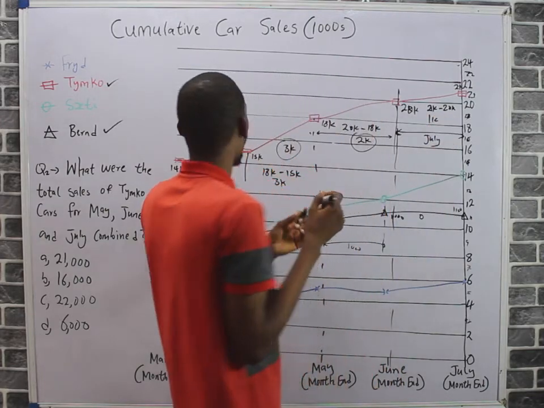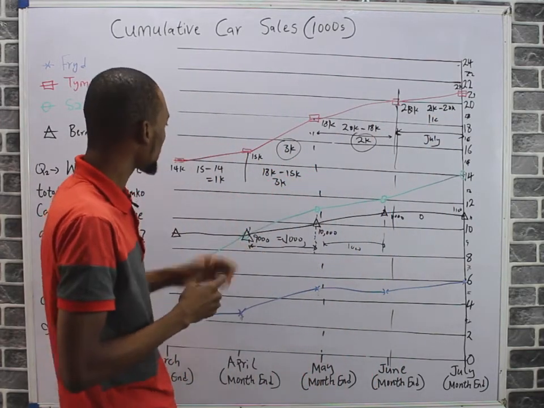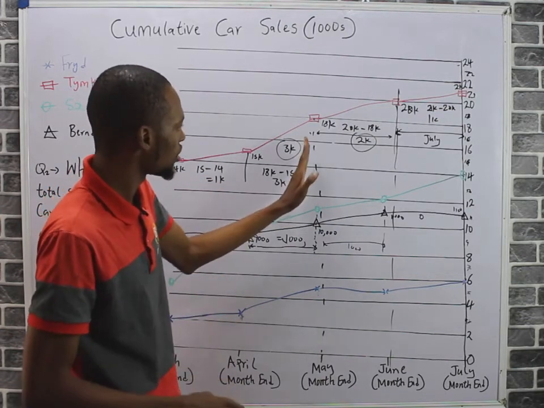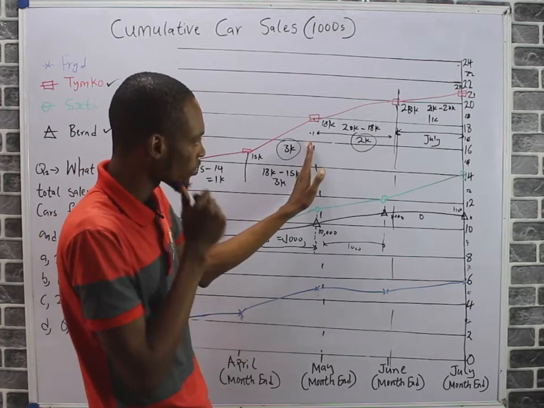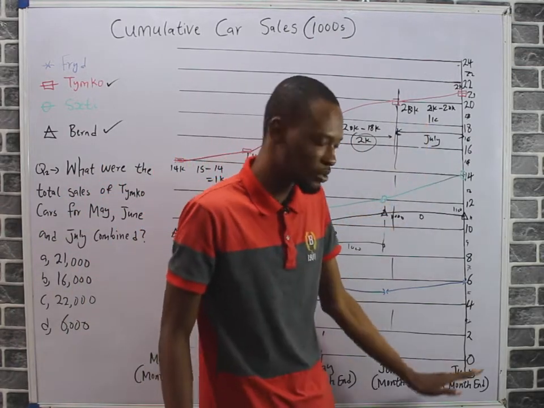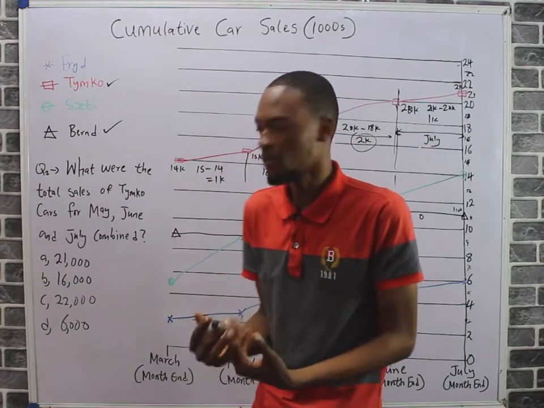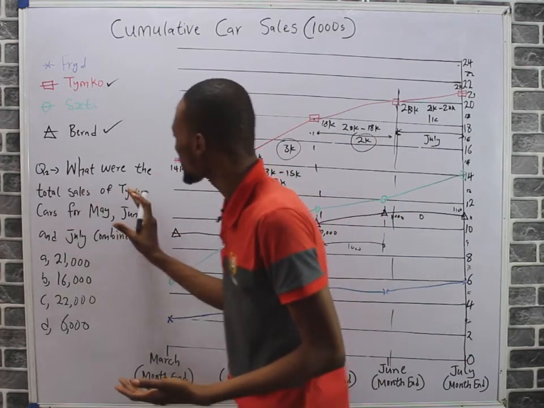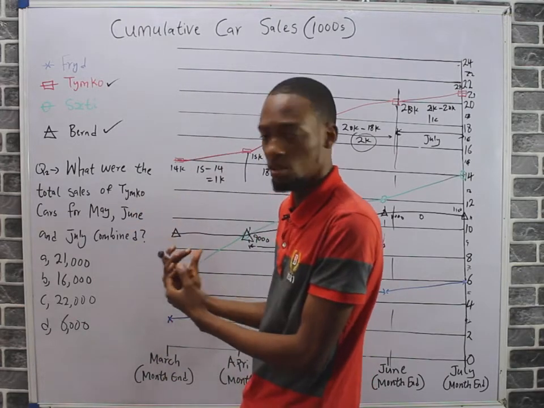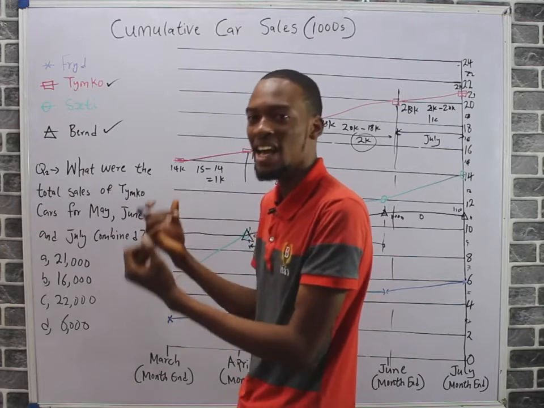So Tymko car sold 1,000 cars in April, 3,000 cars in May, 2,000 cars in June, and 1,000 cars in July. And the question says, what were the total sales of Tymko cars for May, June, and July combined?